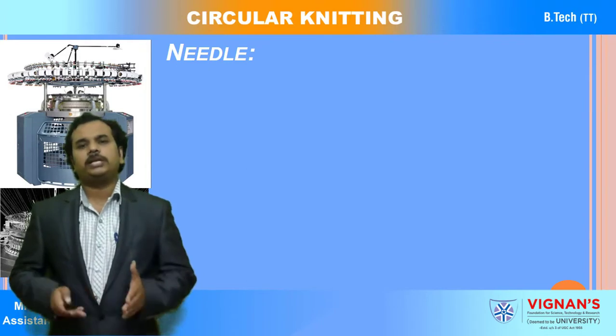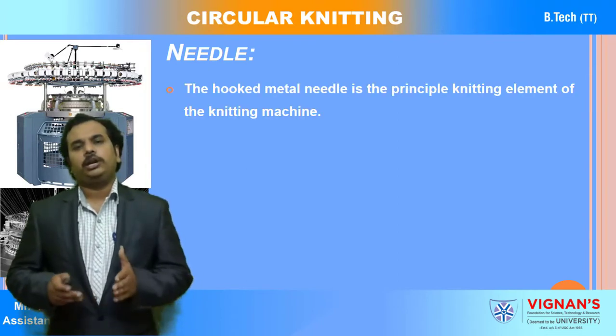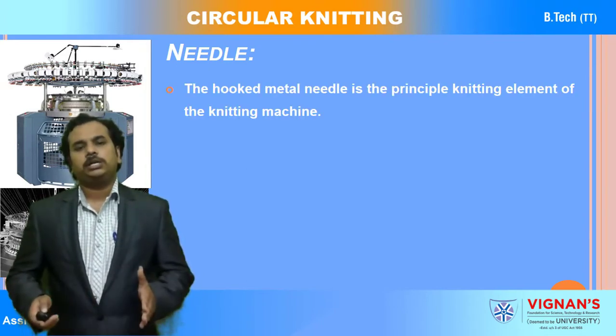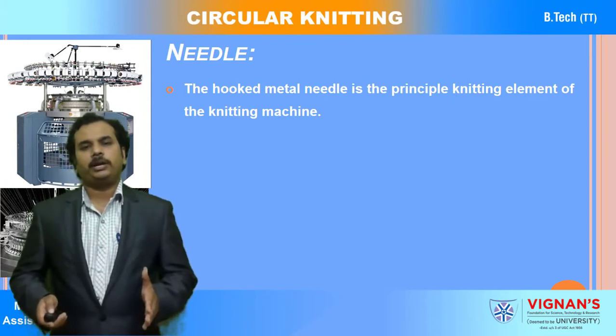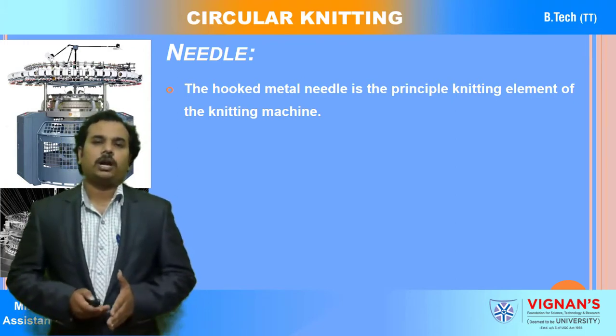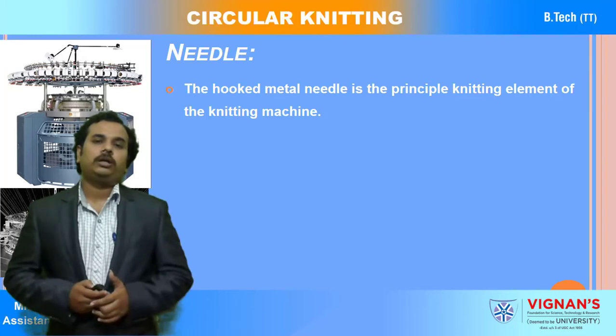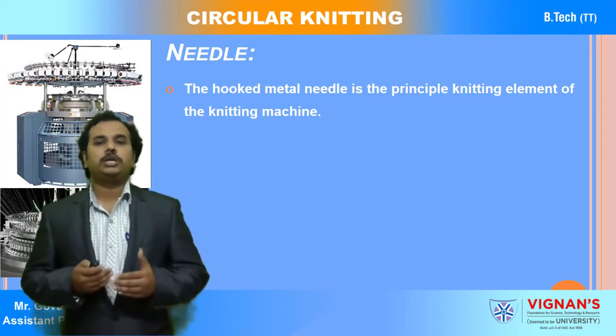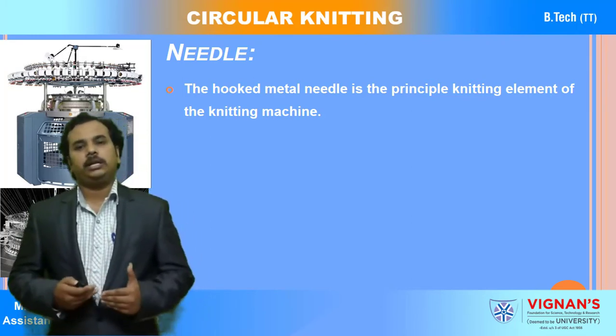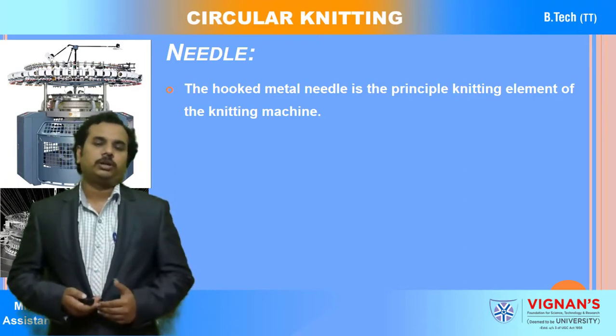Now the major element in the knitting process in single bed knitting machines is the needle. The needle is a hooked metal needle, the principal knitting element of the machine.